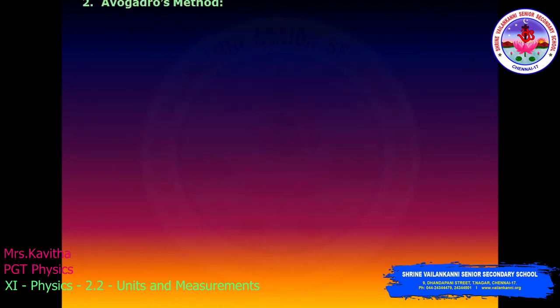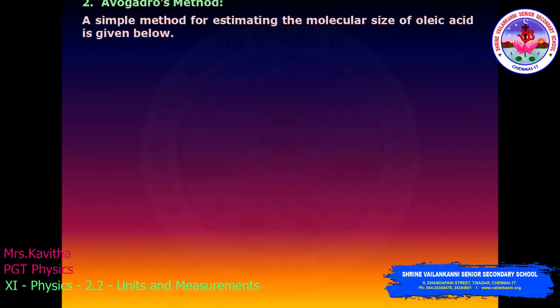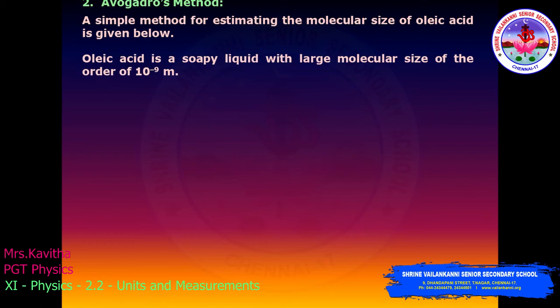We can also use some methods of measuring the molecular size of oleic acid. Oleic acid is a soapy liquid with a large molecule size, a molecular size of order 10 power minus 9 meter.